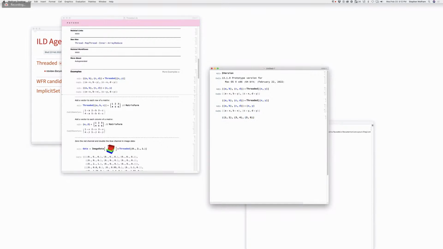And then we show, well, we can't show plus XY, but then we show plus Threaded, simple things like that. Perhaps that's the best initial example to show. Yeah, I think with the different dimensions is better to show. Yeah, I agree.